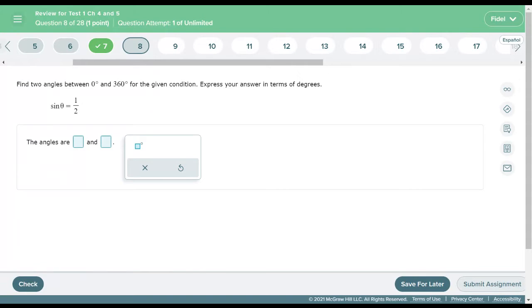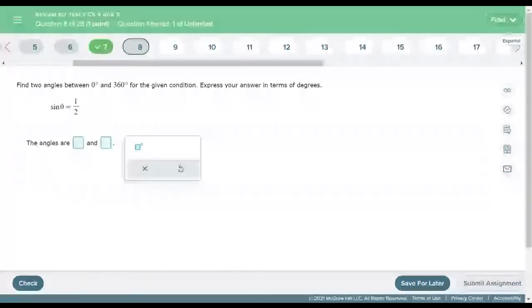But yes, if I was sitting where you're sitting and I was doing this problem, I would say, look, we're looking for the sine of 1/2. They're giving us an angle. So it looks like it would be 30 degrees and 150.